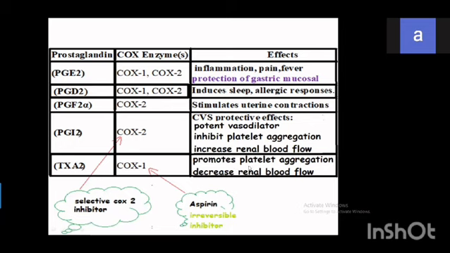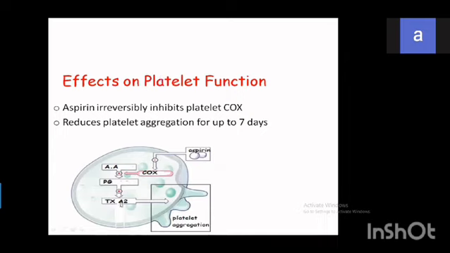At the same time, we are affecting our gastric mucosa, because when inhibiting cyclooxygenase 1 the protective mechanism is also interfered with. Sometimes we use selective COX-2 inhibitors. They are very beneficial for protecting gastric mucosa because they only inhibit cyclooxygenase 2 and do not affect cyclooxygenase 1.